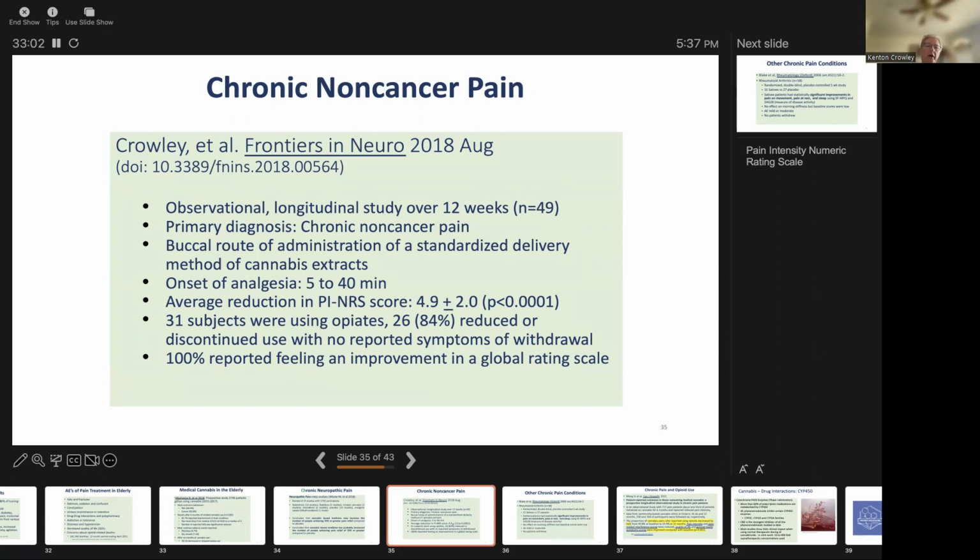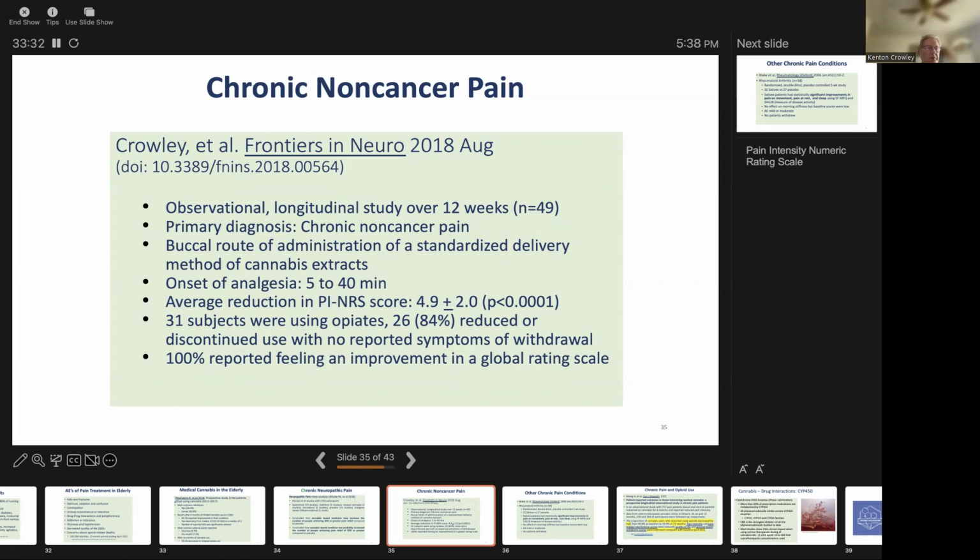We used the buccal route of administration for standardized cannabis extracts. We call it a troche. The onset of analgesia was reported between 5 and 40 minutes, with an average reduction in the pain intensity numeric rating score of roughly 5.